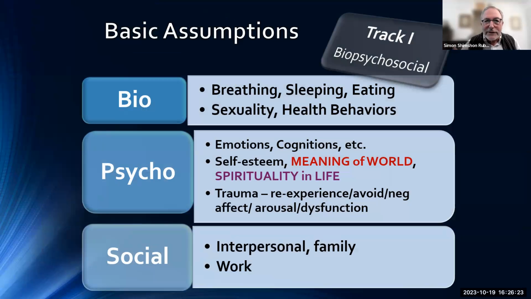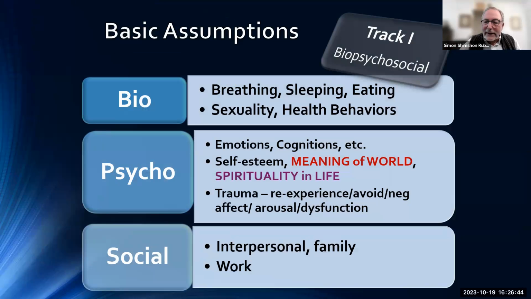The biological things are such as how our sleep is doing, how our nutrition, substance abuse, sexuality, health behaviors. All these things are what we are looking at and assessing with people who come to us as clinicians, not only after bereavement, not only after trauma, but for many other different things.